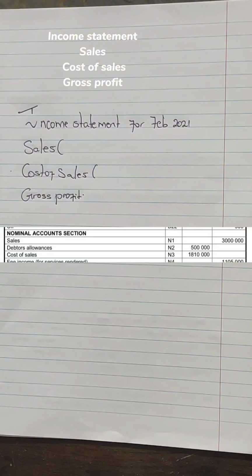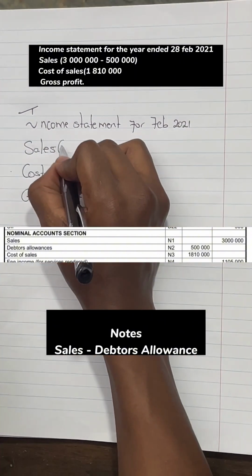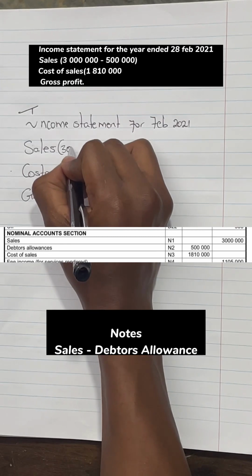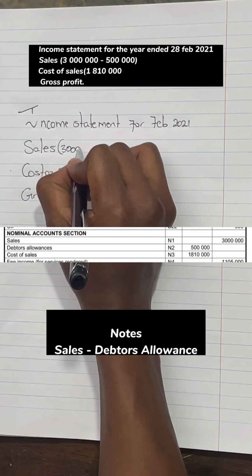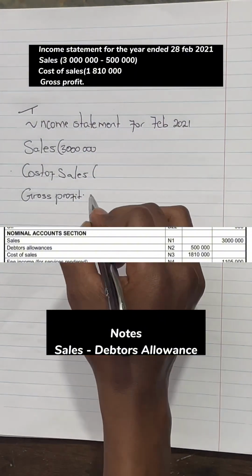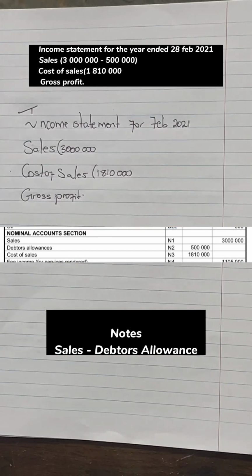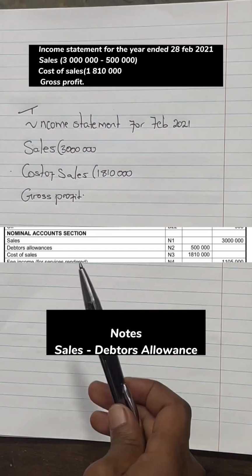In the nominal account section, our sales is recorded under the credit side as 3 million, and then our cost of sales is recorded as 1,810,000.